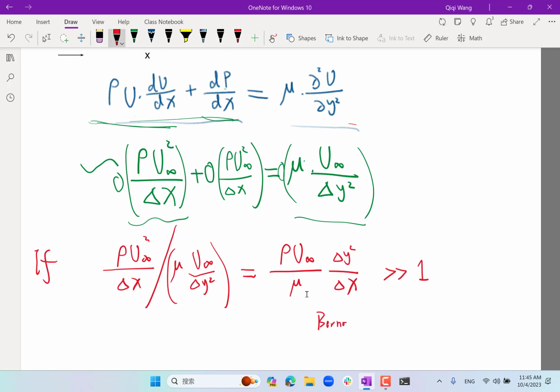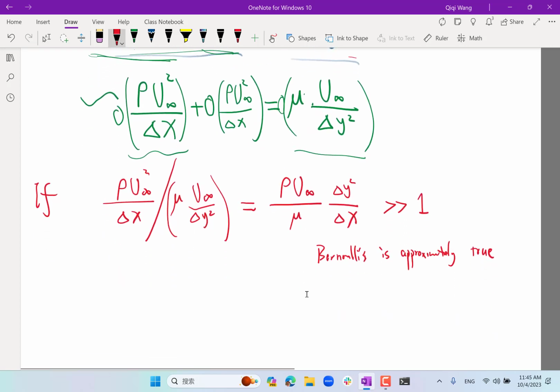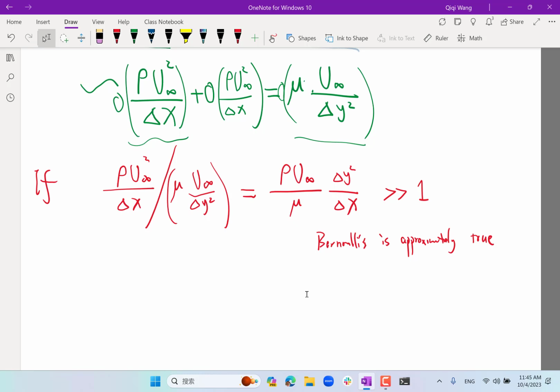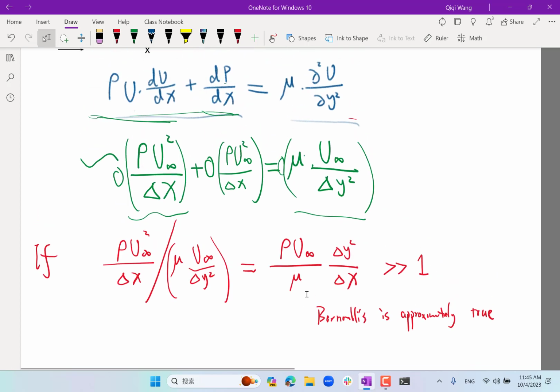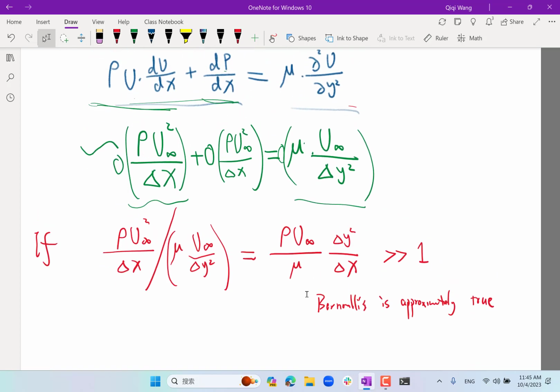And the Bernoulli's is approximately true. Okay, but if that ratio is not much greater than 1, then I cannot neglect the effect of the right-hand side in this equation, and the Bernoulli's is no longer true.